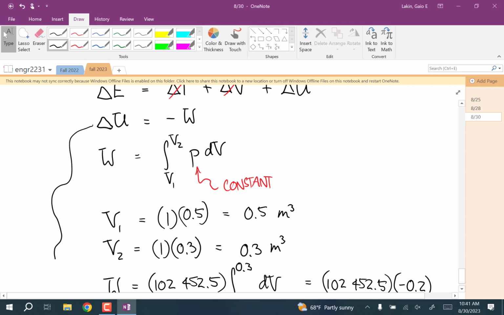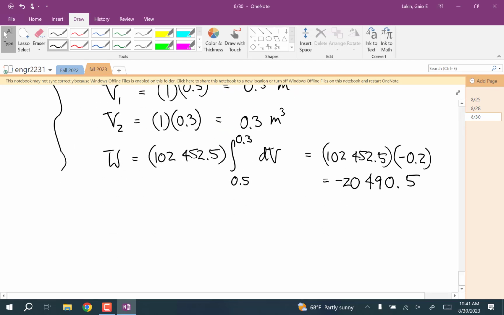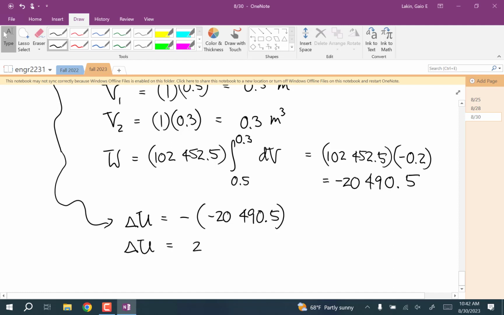Now we can go to this equation, and we get that the change in internal energy is equal to negative of negative 20,490.5. And so the change in internal energy is positive 20,490.5.